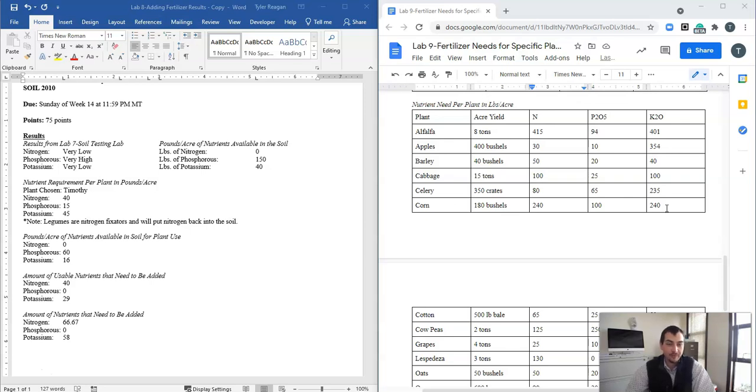And kind of a rule of thumb is oftentimes you're going to add 1 pound of nitrogen per acre per bushel that you're looking to produce. So that's kind of an old rule of thumb. Well, if you plug all of that into this worksheet, we're going to see that we're way over that. In some cases, we might need to add 340 pounds of nitrogen for a 180 bushel per acre yield, which is almost double that rule of thumb I just mentioned.